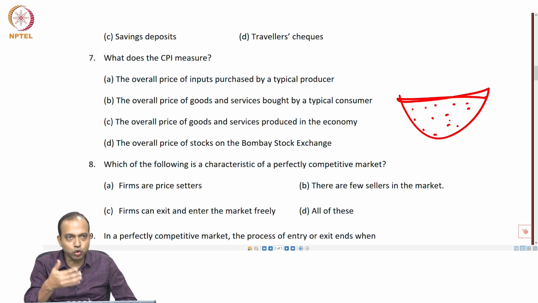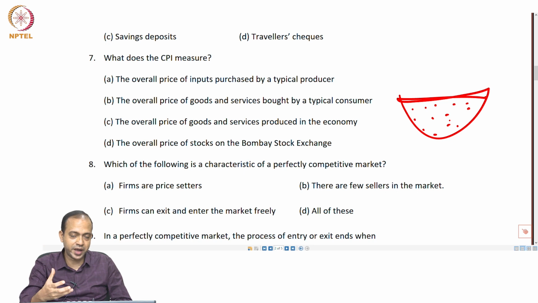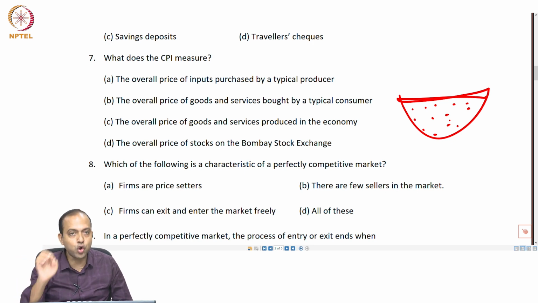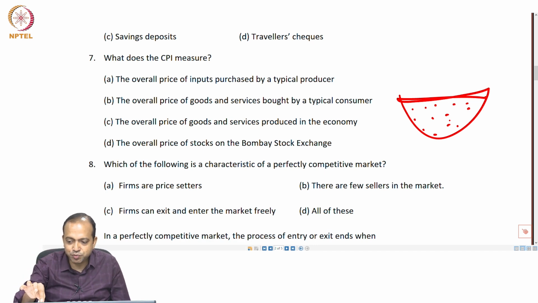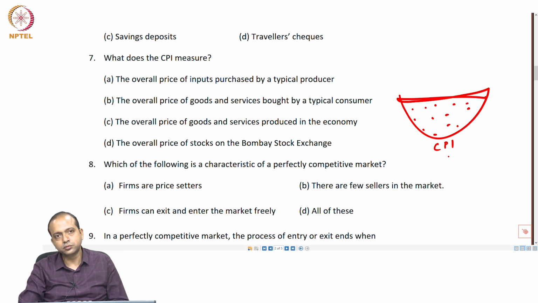The Labor Bureau of Statistics fixes a basket which typical consumers buy on a day to day basis, then calculates the cost of that basket in two different periods. That price index of that basket is the CPI.